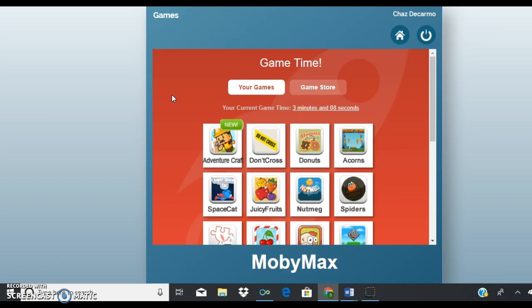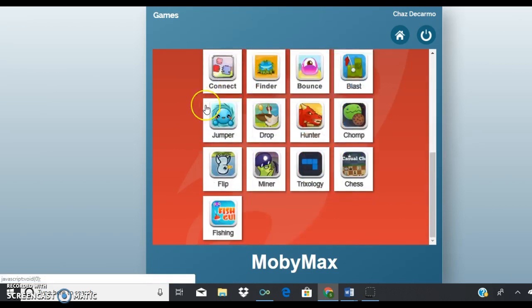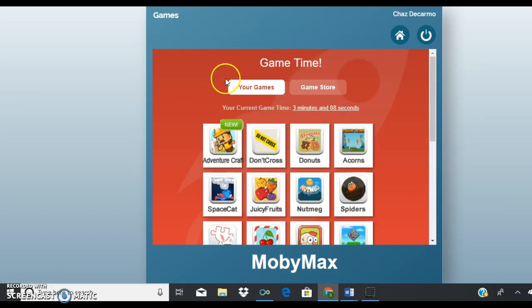And as we see the daily challenge, it shows if they complete the 6 science problems, they can earn 3 additional minutes of game time. So these are different games that they can play once they have the game time, the minutes to play the games.